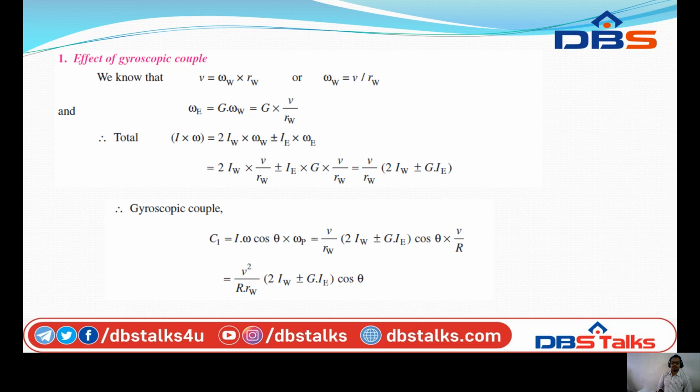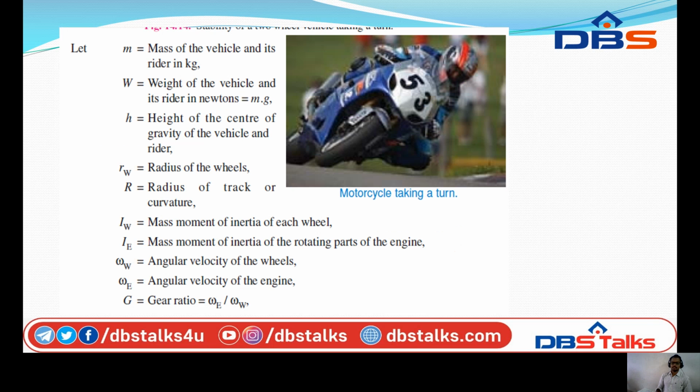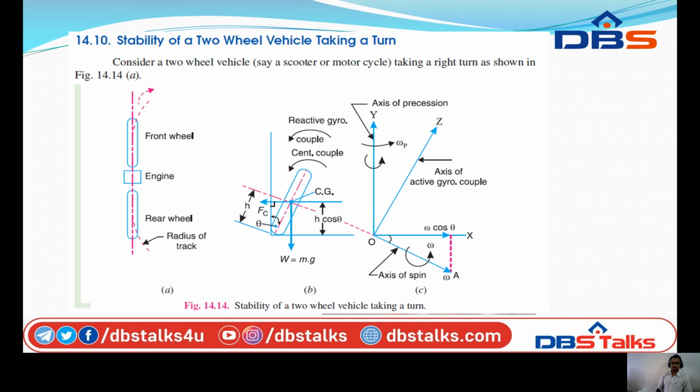Finally, when the wheels move over the curved path, the vehicle is always inclined at an angle of theta with the vertical plane. This vertical plane we are taking into consideration in diagram B. For the vertical plane, the wheel rotates about the axis. In diagram B, the angle with the vertical is theta.